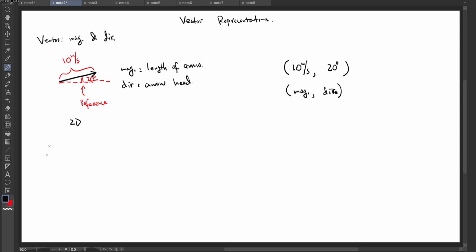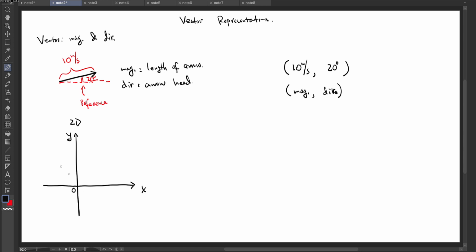Now think about some other ways of representing this arrow. So we know in mathematics you can have a Cartesian coordinate, such as this picture. Let's say I have a 2D Cartesian coordinate that has x and y axis.